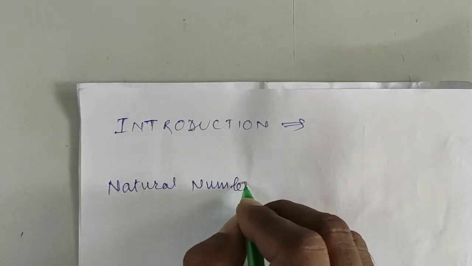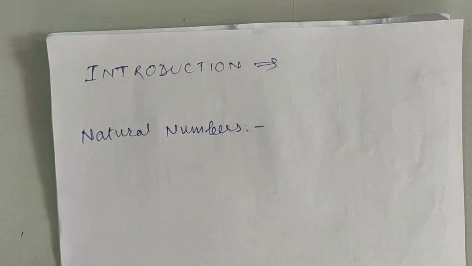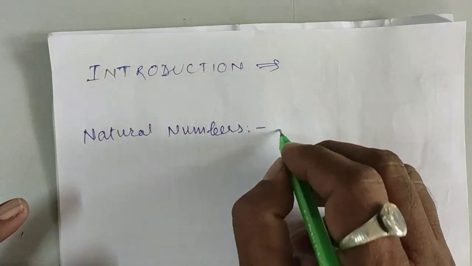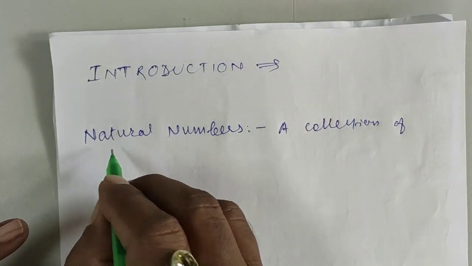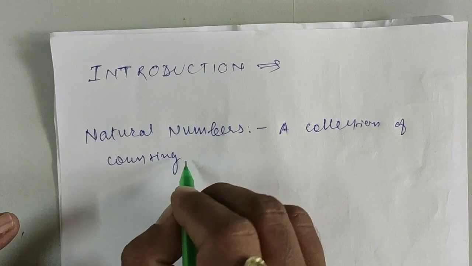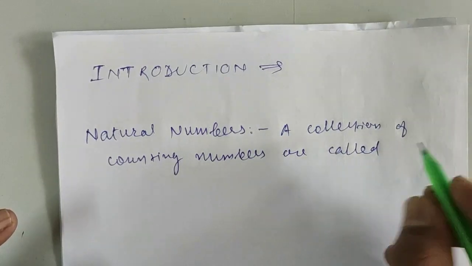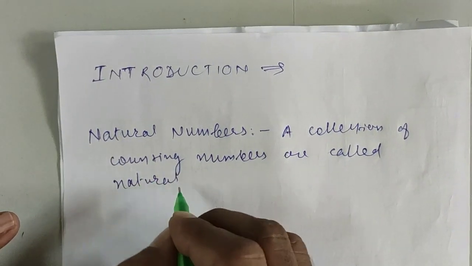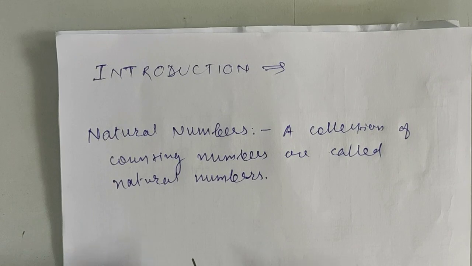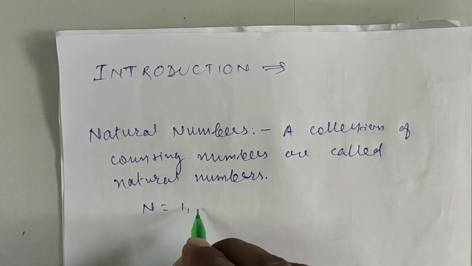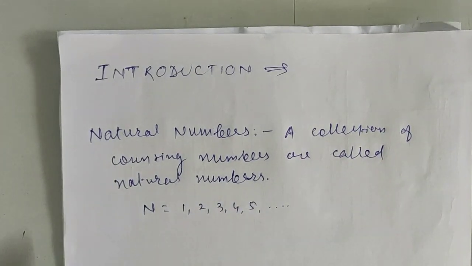Natural numbers: a collection of counting numbers is called natural numbers, and it is denoted by capital N equals 1, 2, 3, 4, 5 till infinity.